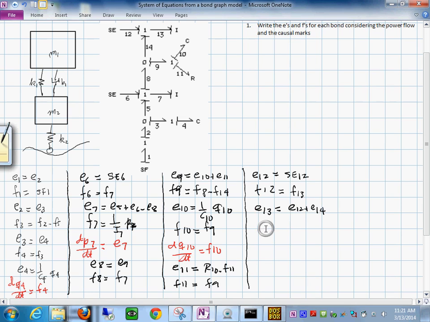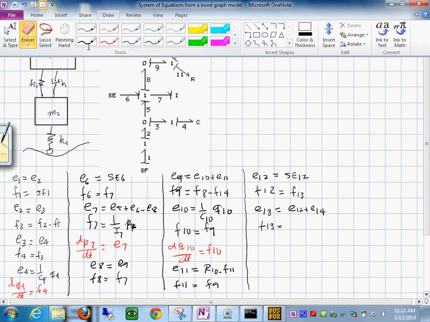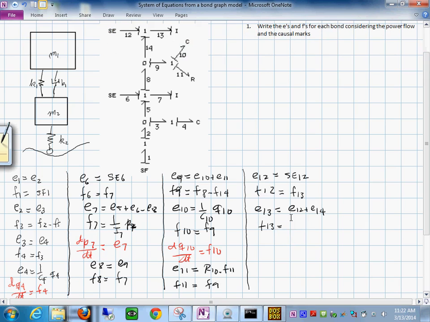And then we have E13. F13 would be 1 over I13. Let me just correct that. I need to write it in here. F13 is 1 over I13 times P13 like this, and E13 is equal to what? No, we already wrote that.